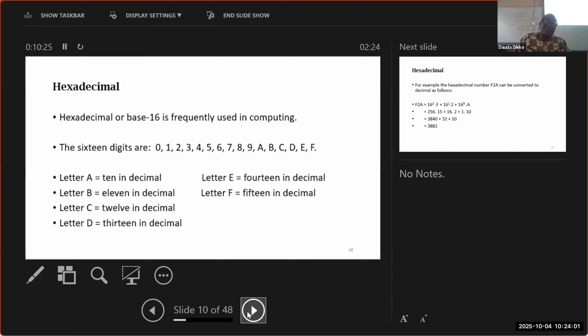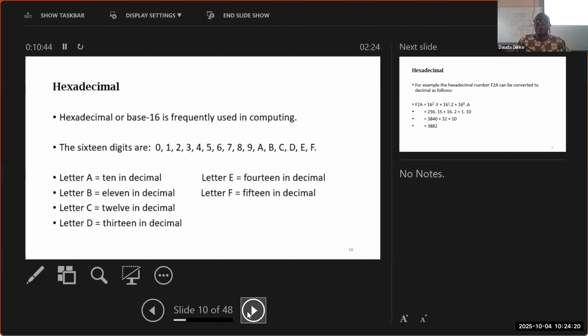Then there are also, apart from the binary numbers that classical computers use, hexadecimal numbers. Hexadecimal means base 16.